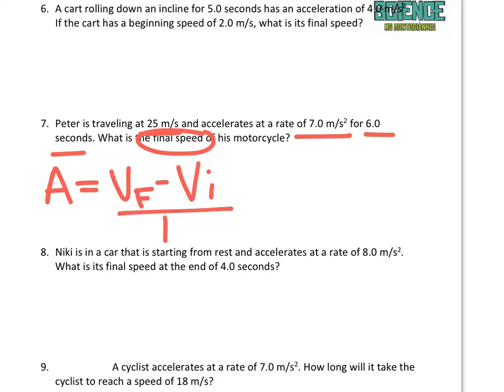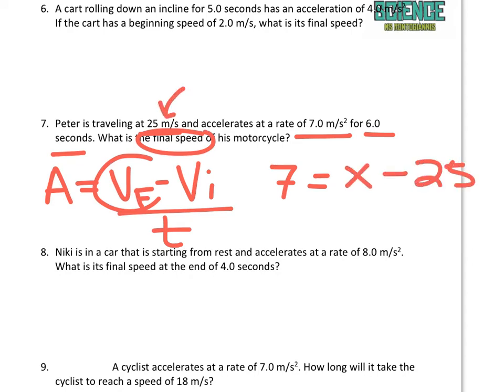Okay, so we use our equation again. We plug in the values that we have. We have our acceleration at 7. We don't have our final speed, it's x. Our initial speed is 25, and our time is 6.